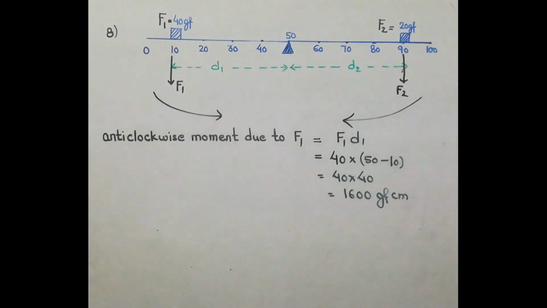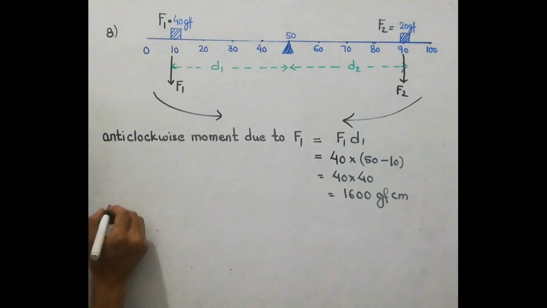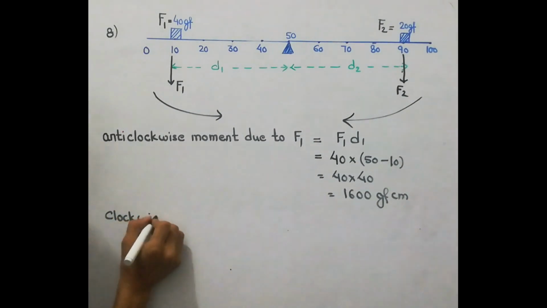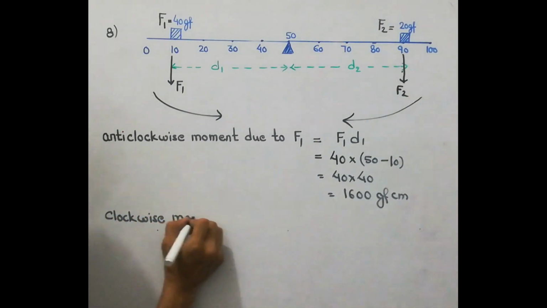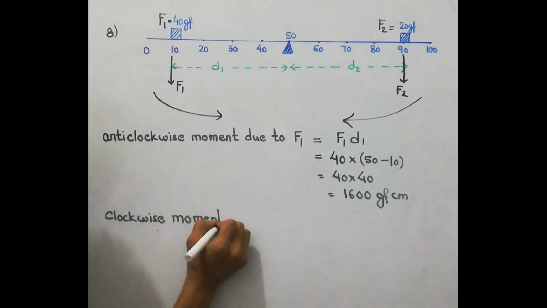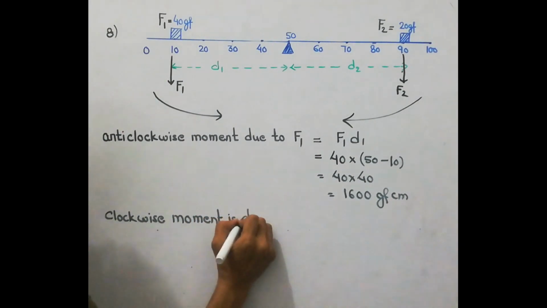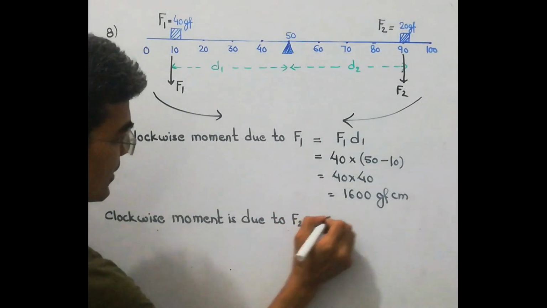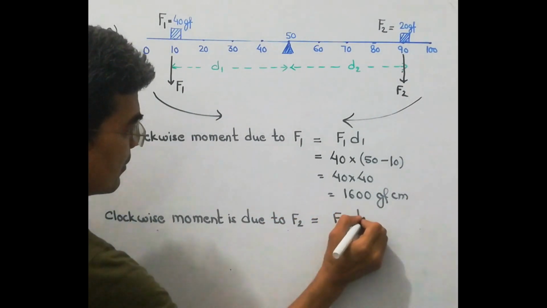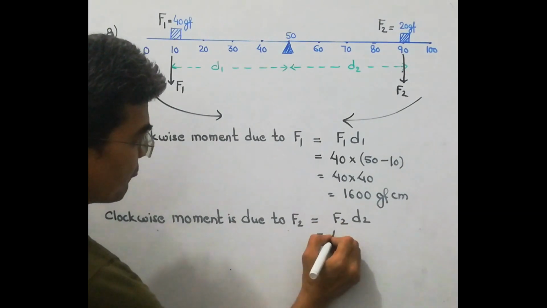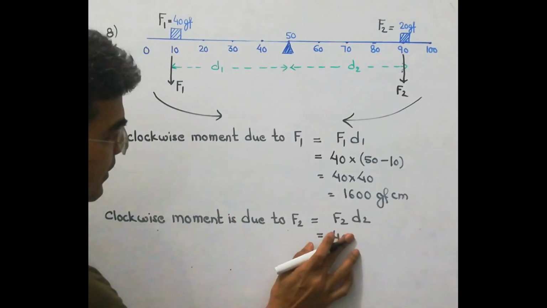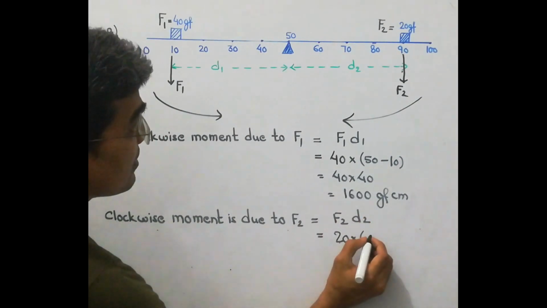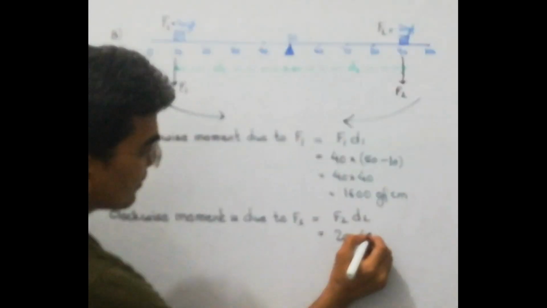Now let us calculate the clockwise moment. Now you can see the diagram. The clockwise moment is due to F2. So let's calculate. So here F2 is 20 and its distance is from 50 to 90.